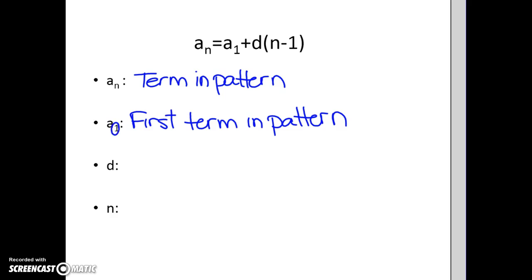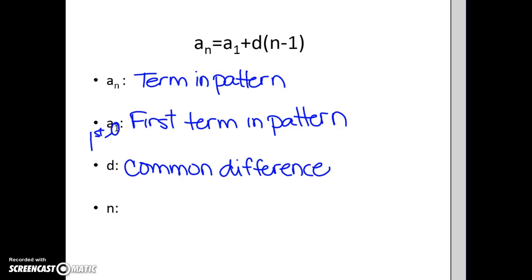The d stands for common difference, and that is the value that is being added or subtracted to make your pattern.